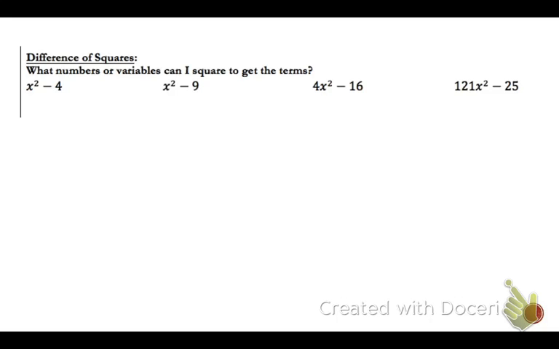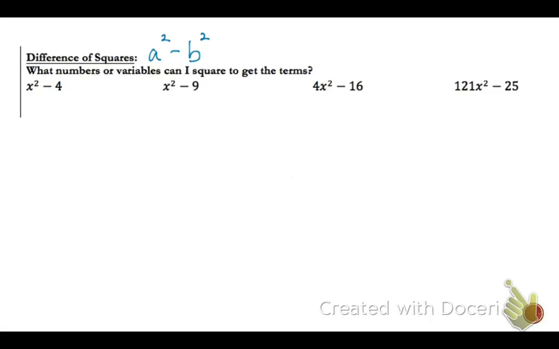Next to difference of squares, we're going to write it in formula form, and then I'll help explain what this means. A difference of squares would be if you had some term, monomial, we'll just call it A squared minus B squared.